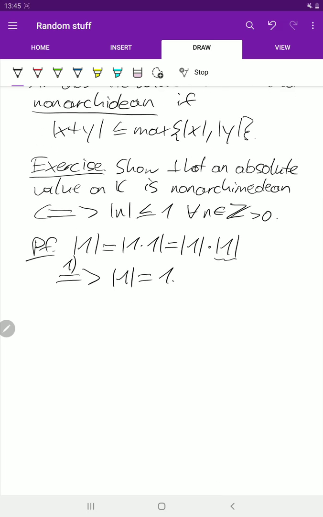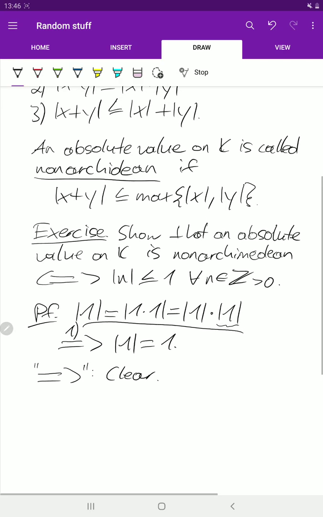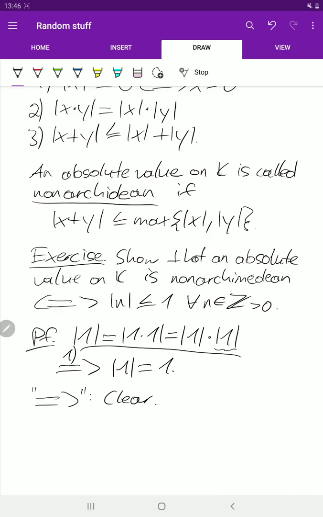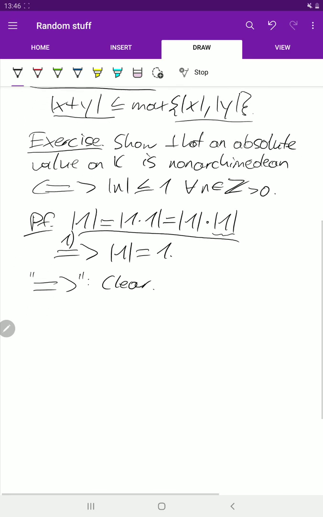Now that we have that, we can look at the first direction, and this is in fact clear. This is just using this and induction. We have shown that it's true for n equal to 1, and then we use that it's non-Archimedean. Then we get the maximum of 1 and 1, and we just need to use induction.